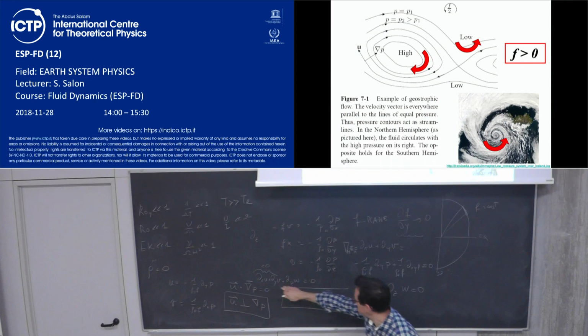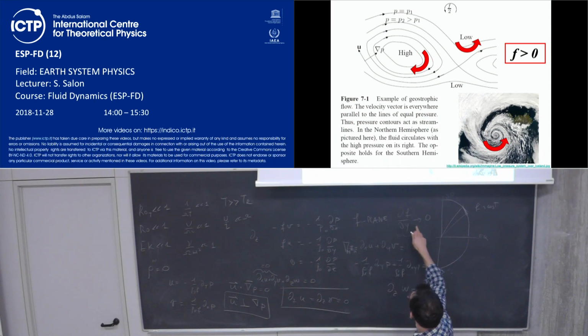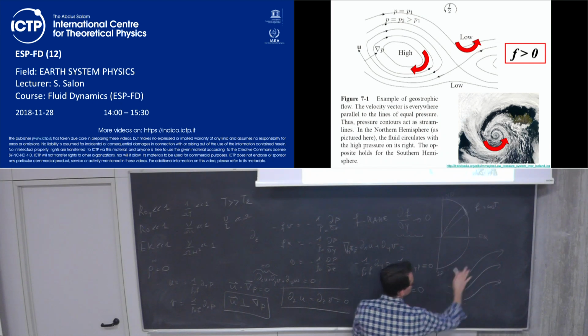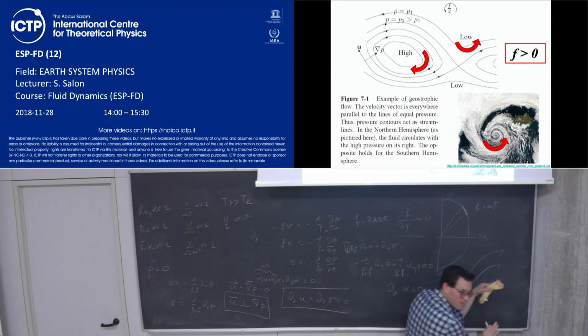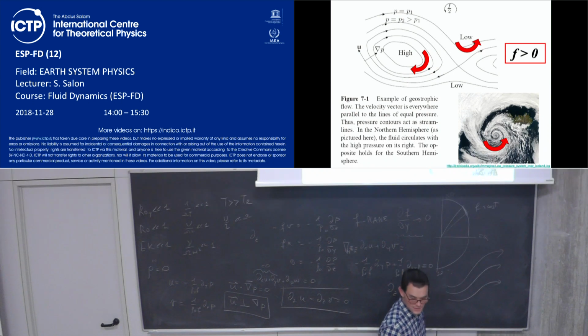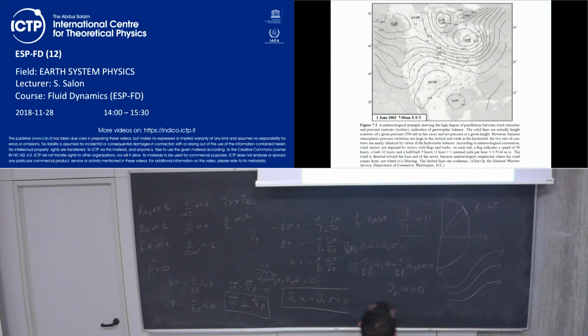Because the horizontal divergence is equal to 0, thanks to the hypothesis of the f-plane. So it means that we will have flows that go in this direction. We will never have any kind of divergence, like what you can have here.